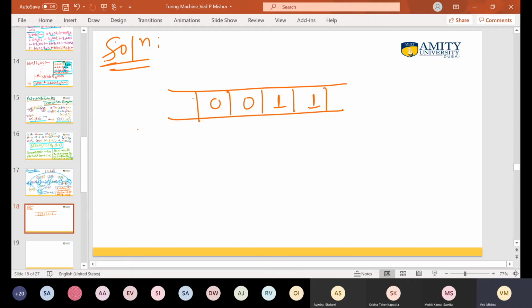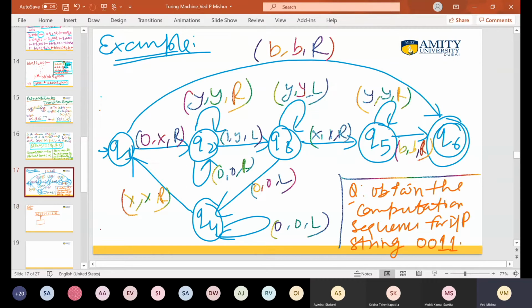If you are defining the instantaneous description, then you generally add a blank, and you can add a blank before that as well. There is no problem. Now your read write head will be currently here, and you are currently at state Q1.